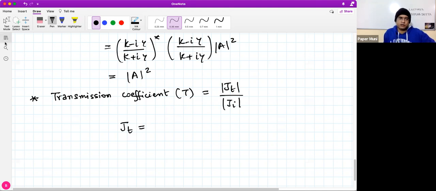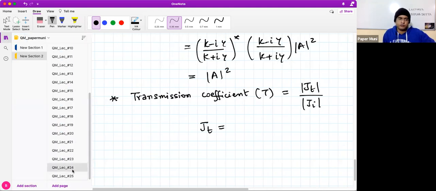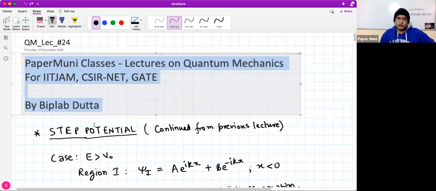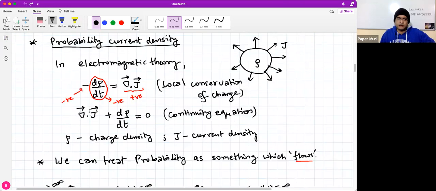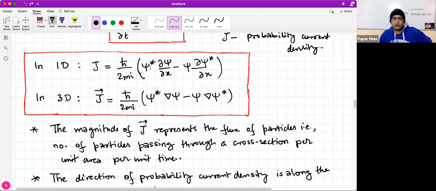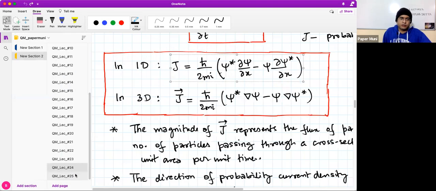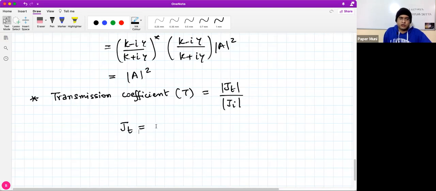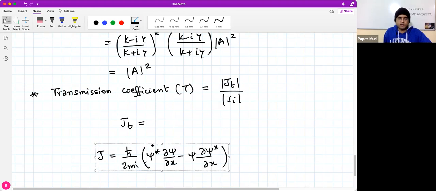If you remember the form, this was the form, right? Now we had written down this format. So let's copy this and take it to our current page. So if I try to calculate this, J for the transmitted wave.